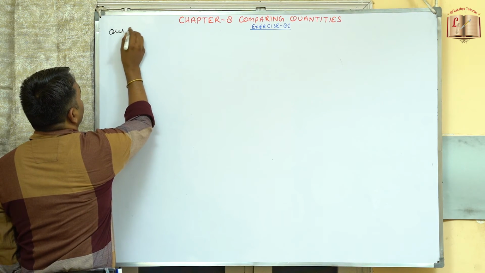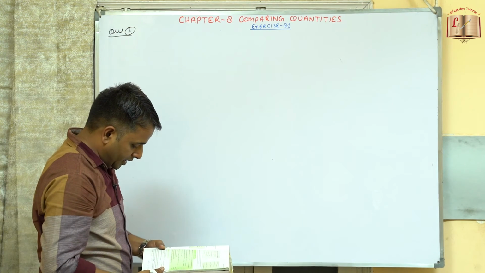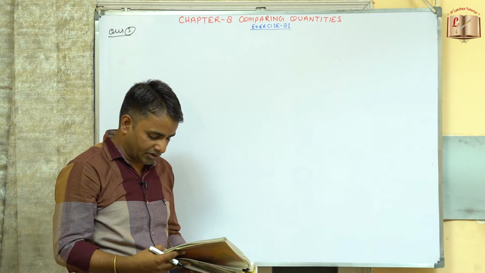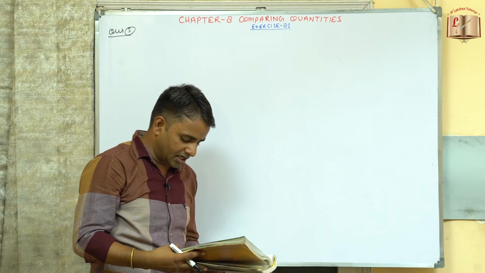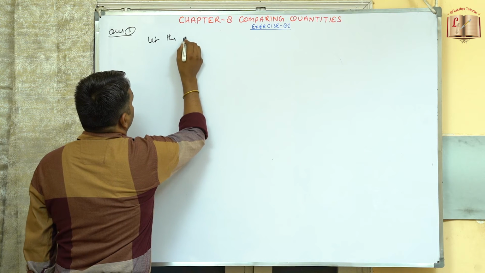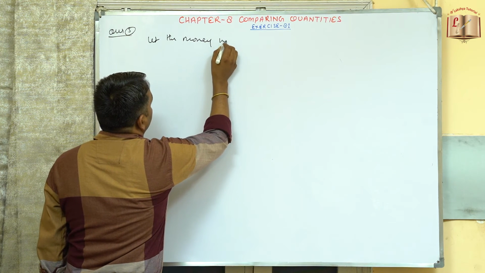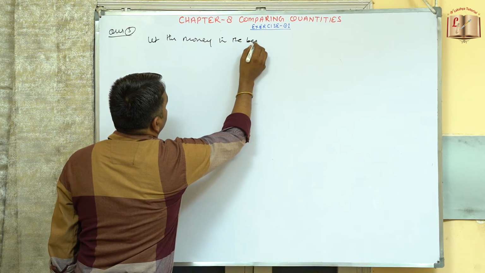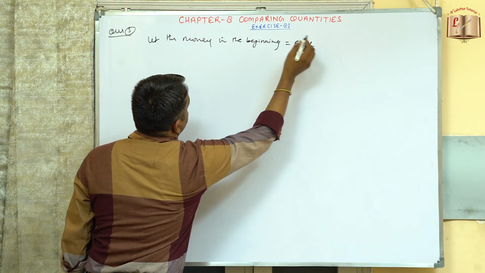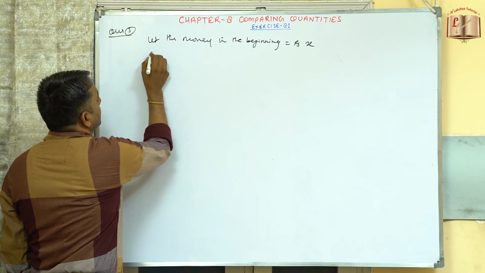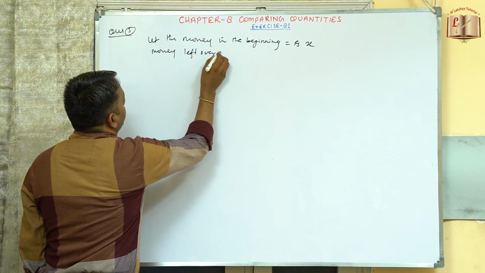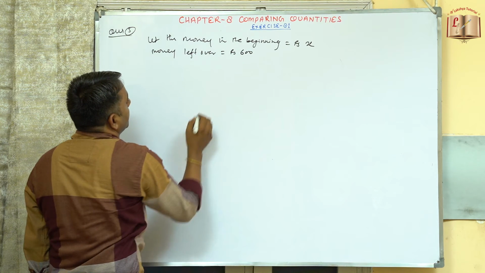So coming to question number 5. If Chameli had rupees 600 left after spending 75% of her money, how much did she have in the beginning? So let the money in the beginning be rupees X, and the money left over is given as rupees 600.